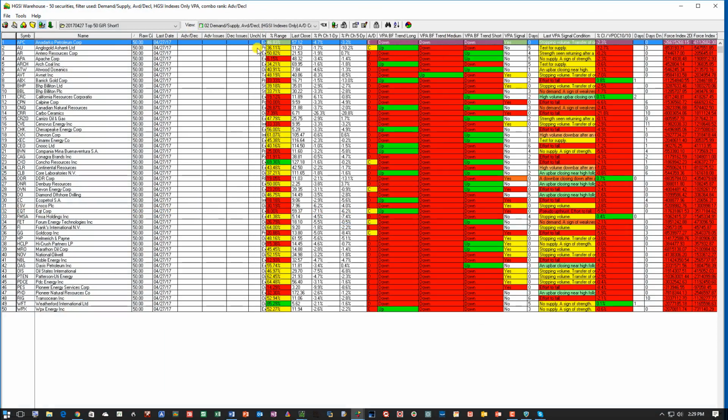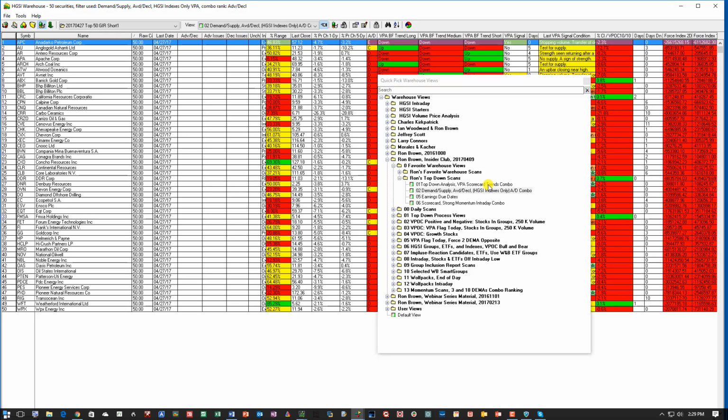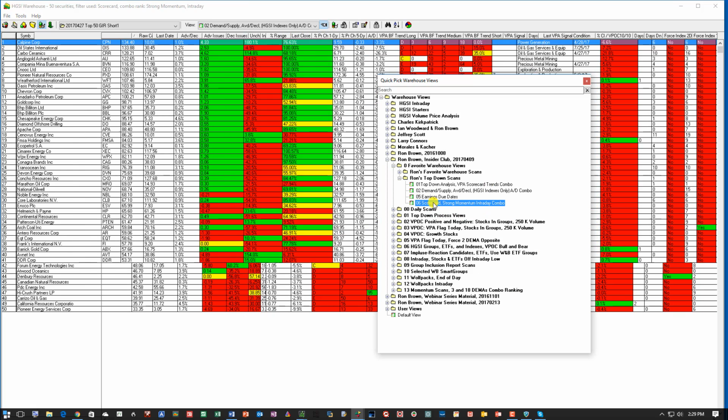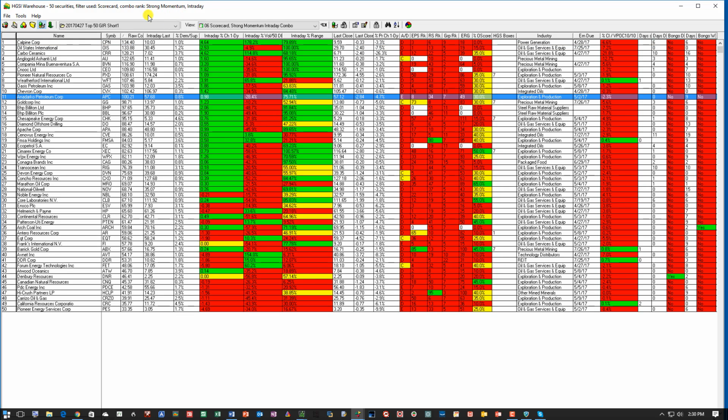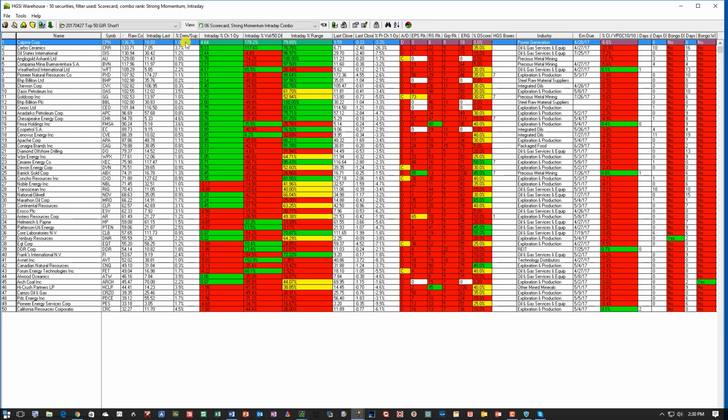But when I bring them up in my view, I'll just go to my scorecard view, and I'm sorted on raw combo. With this view, I've attached, and these are new files that are coming out tomorrow, strong momentum intraday, and you can see that many of these stocks were down yesterday.